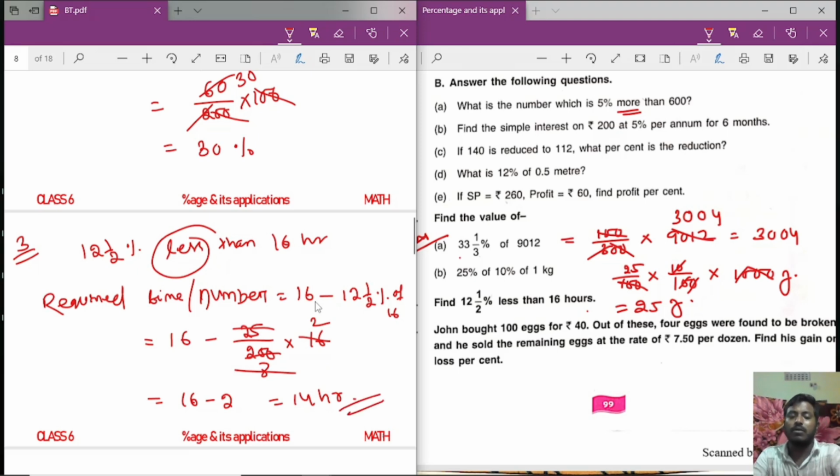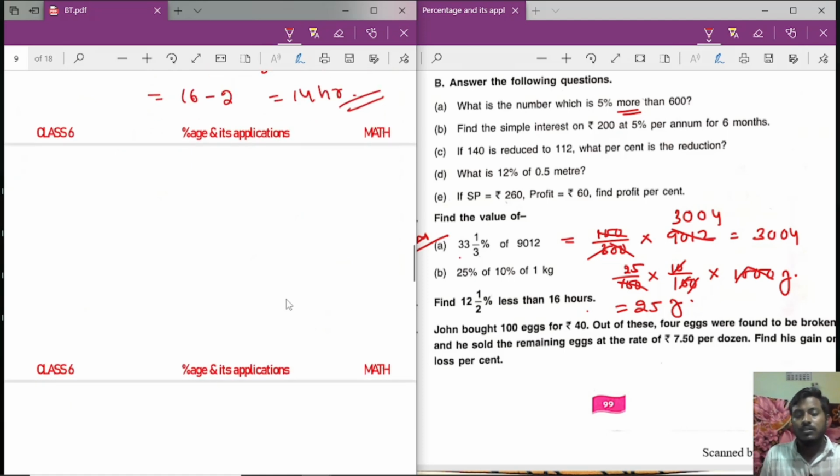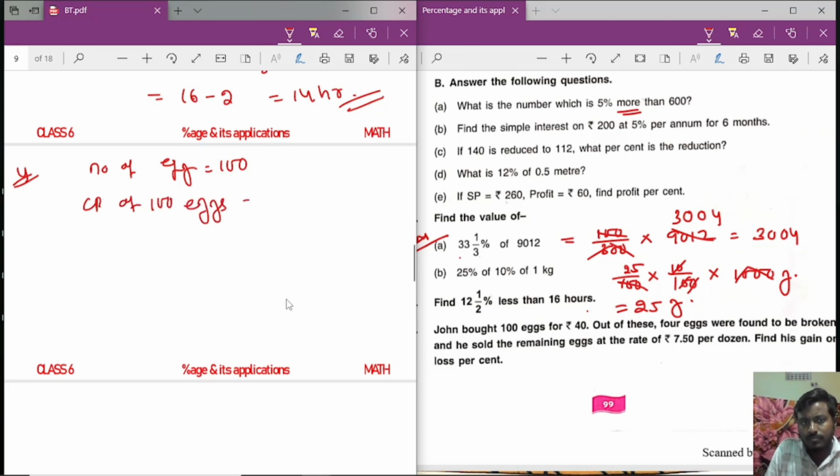Okay. Next question. Next, 4 number. John bought 100 eggs. So the number of eggs is equal to 100 for 40 rupees. So CP of 100 eggs equals rupees 40.